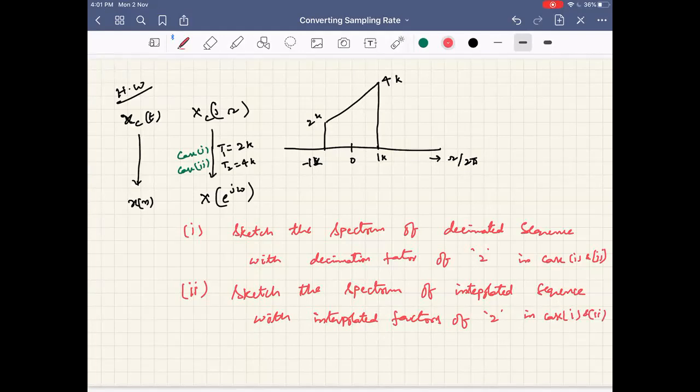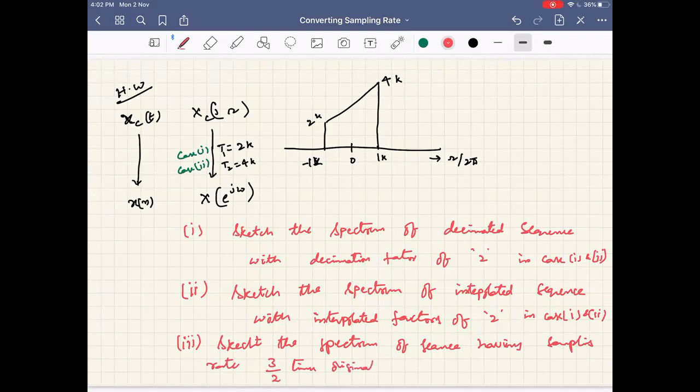And further, sketch the spectrum of the sequence having sampling rate 3/2 times the original sequence, that is fs dash equal to 3/2 times fs, for the original sequence in case 1 and 2.